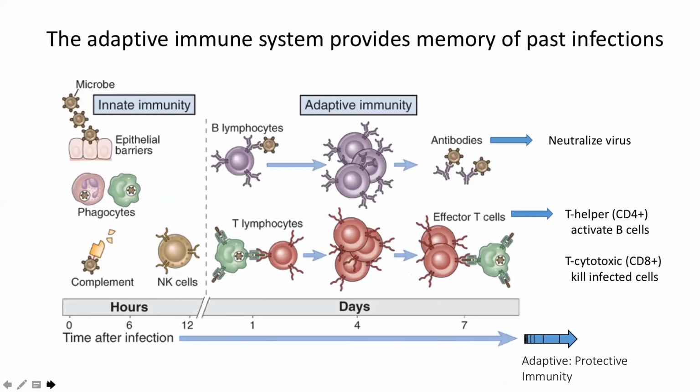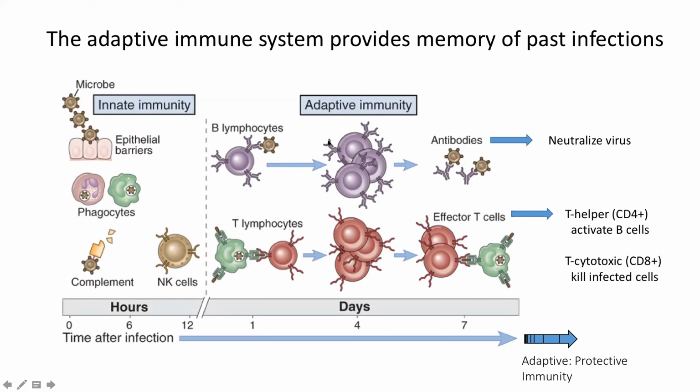The immune system is roughly divided into two parts, innate immunity and adaptive immunity. What we're really going to be talking about today lies in the adaptive immunity section, because the adaptive immune response is the part that has a memory of previous infections or vaccination and can provide protection against future infections by the same pathogen.